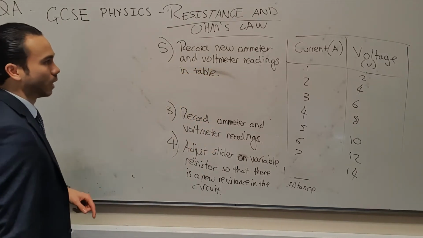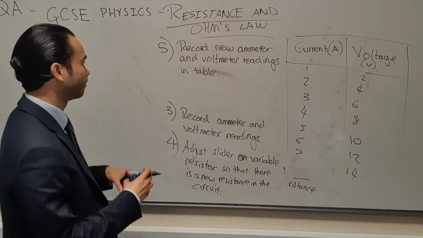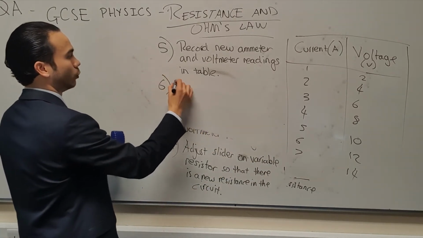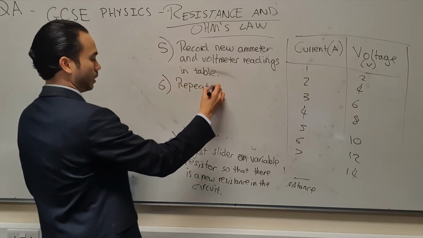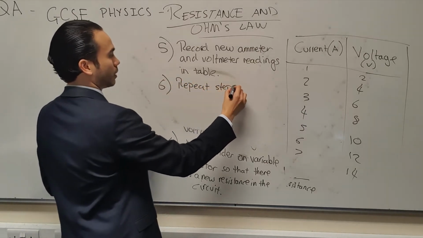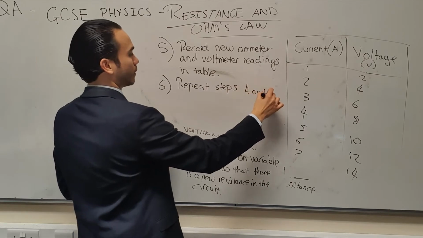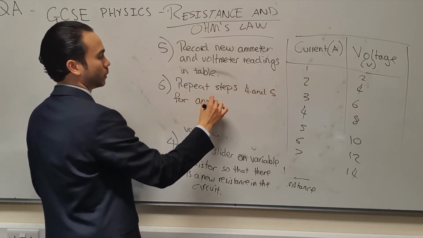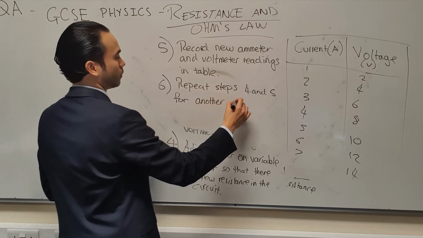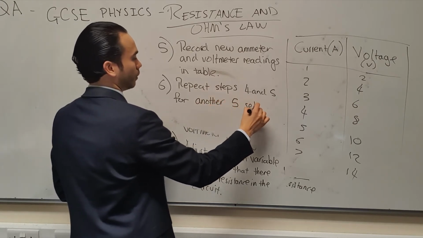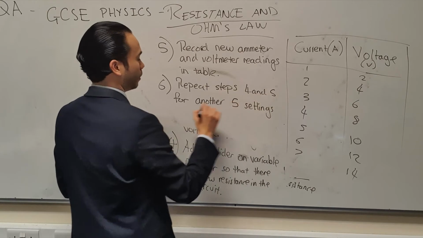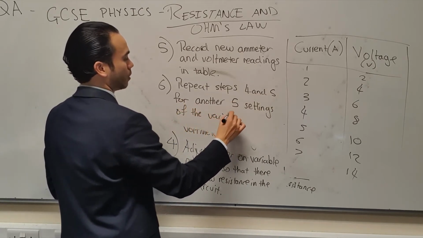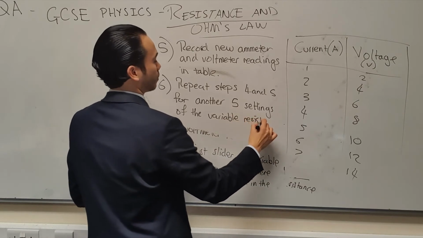Okay. Then I would say step 6, repeat steps 4 and 5 for another 5 settings of the variable resistor.